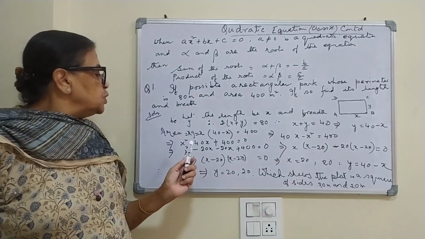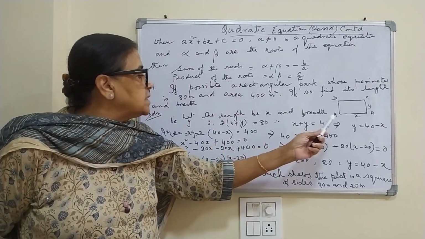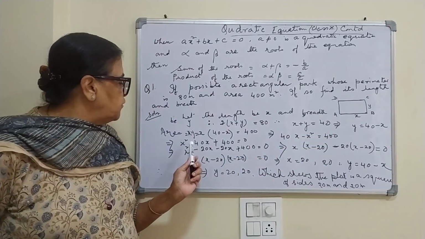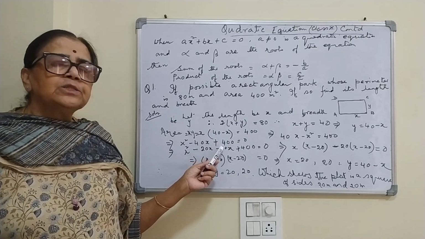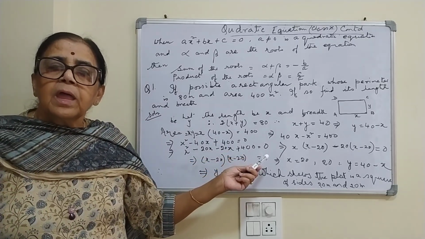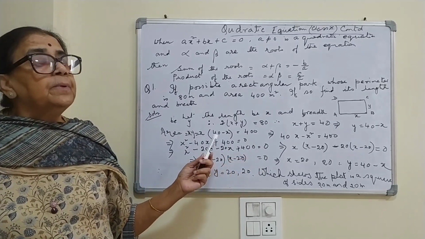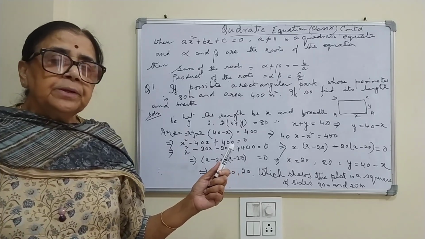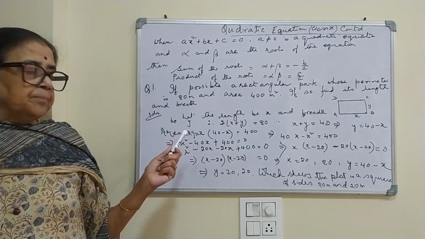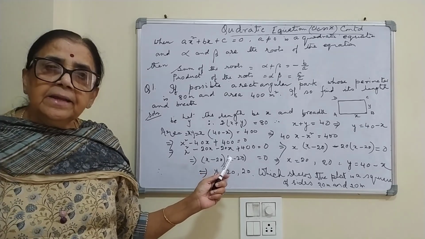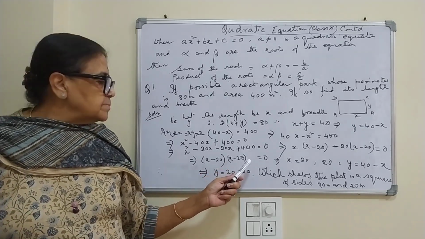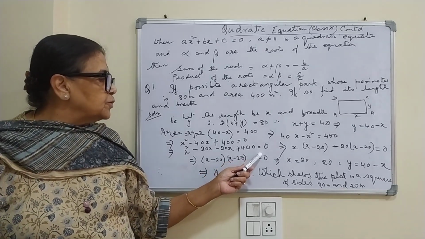So I shift these terms to that side and I have x square minus 40x plus 400 is equal to 0. I can break the middle term: x square minus 20x minus 20x plus 400 is equal to 0.